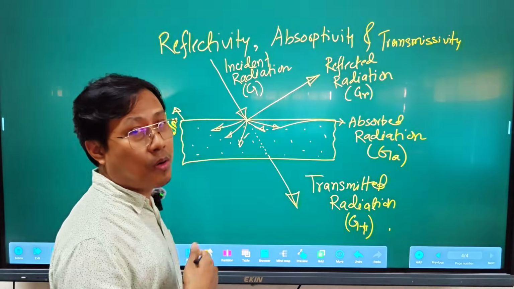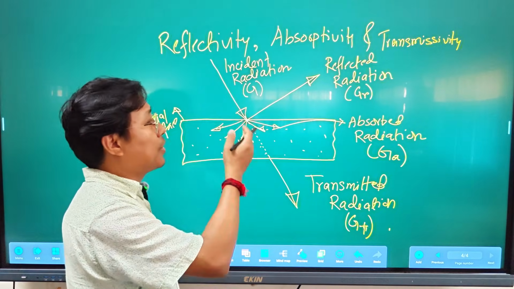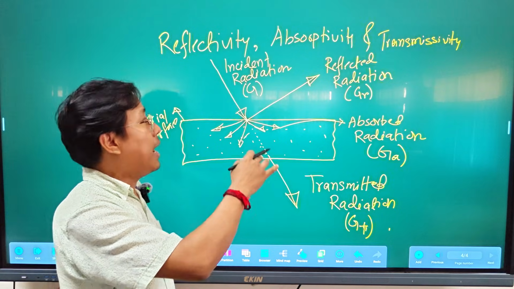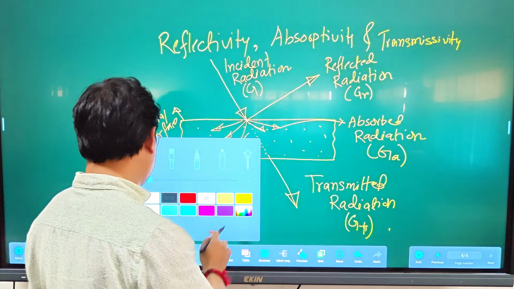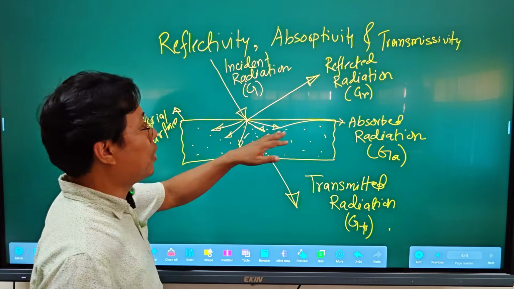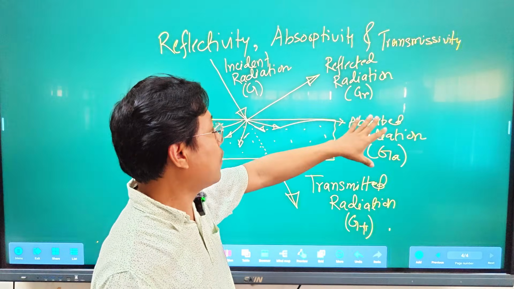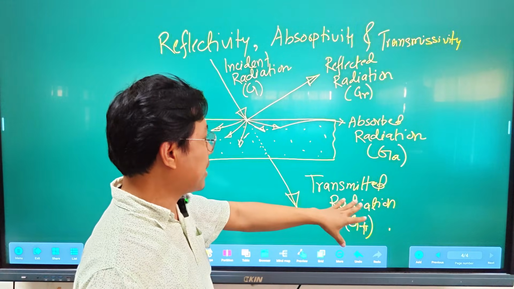Clear? After getting into the surface of any body, this radiation is converted into reflected, absorbed, and transmitted parts.